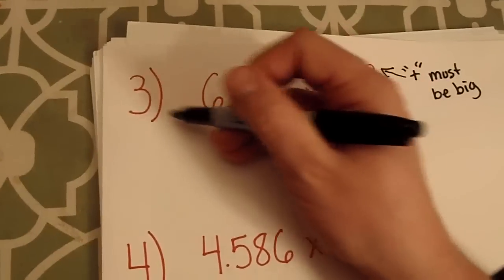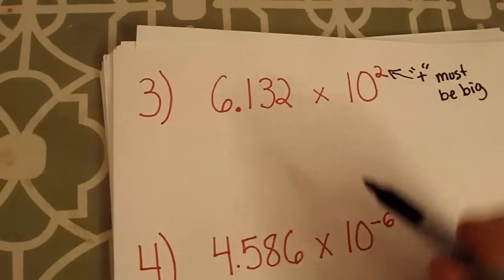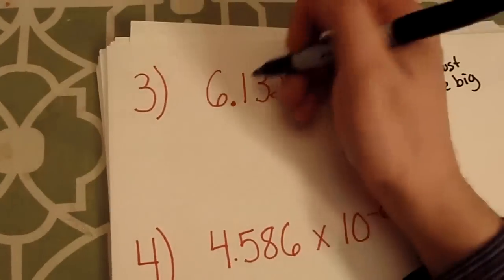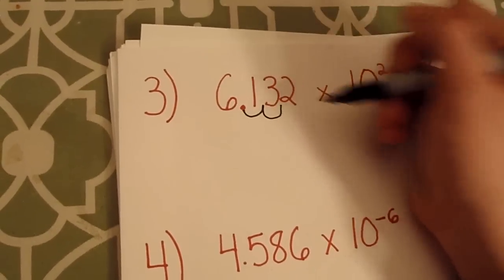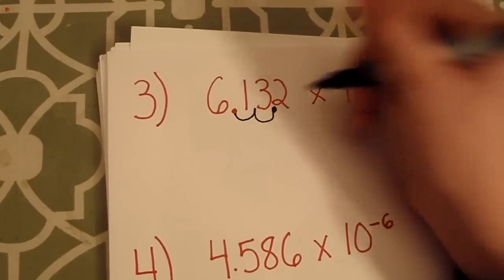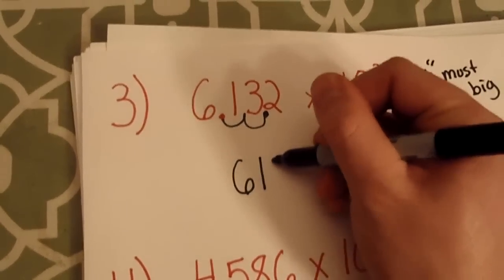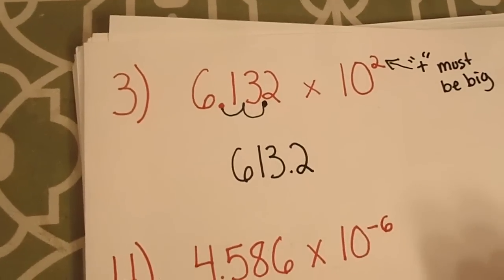Well, if I move it this way, it's going to make it a really small decimal. I want a bigger number. So I'm going to move it in this direction because it's going to be big. So we'll go over 1, 2. So this will be my new spot for my decimal point. So I'll write 613.2. And that's how you convert.